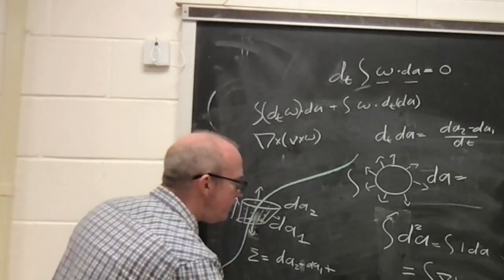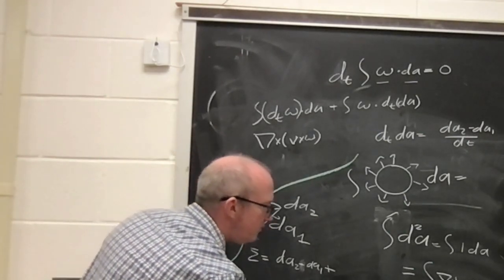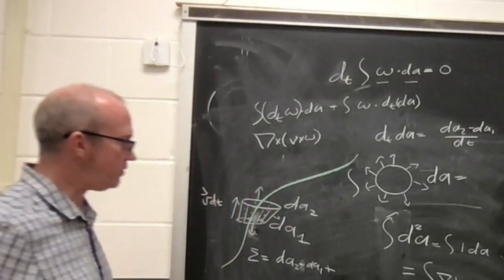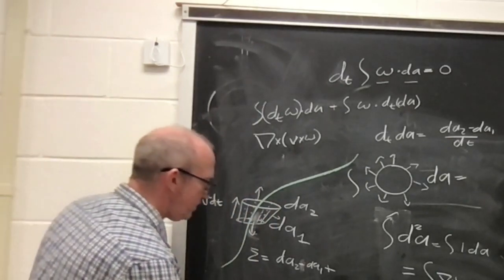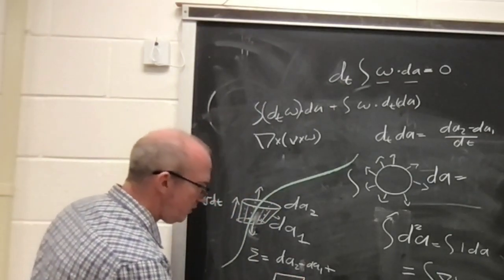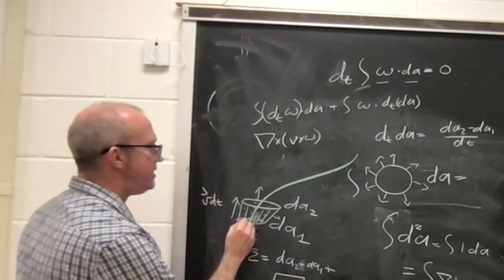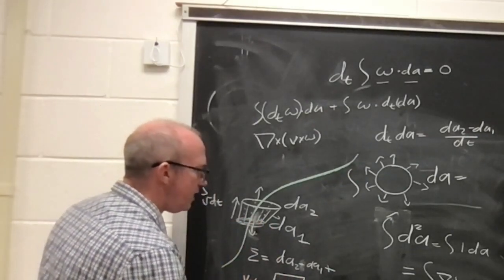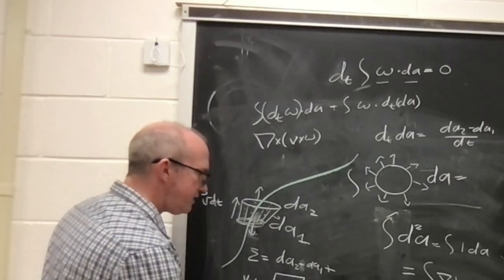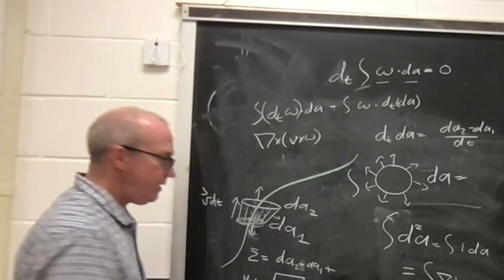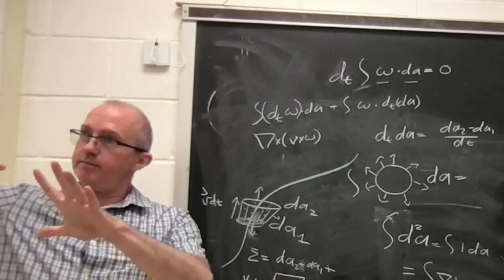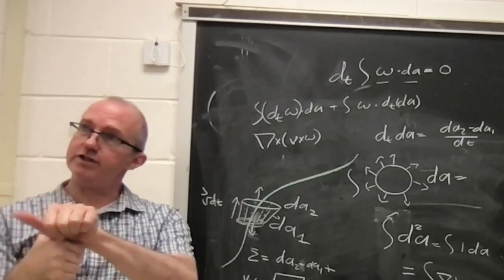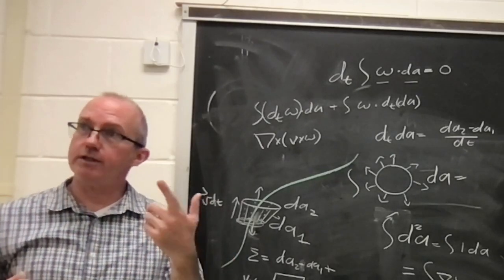So the total area is going to be the integral of V cross dl around the closed circle. Because if I have a rectangle with dl on one side, that's the dl going around the edge, and V dt on the long side, then the area of this parallelogram is the cross product of the two vectors. That's just a geometry thing that you probably learned but maybe forgot.